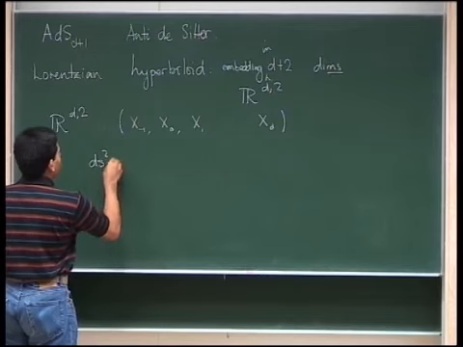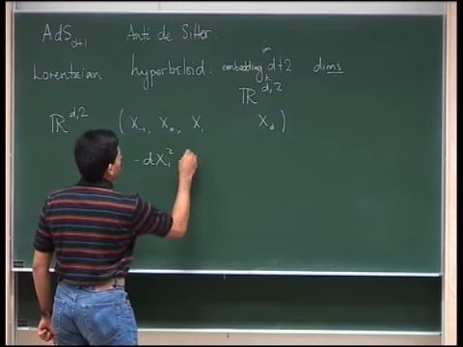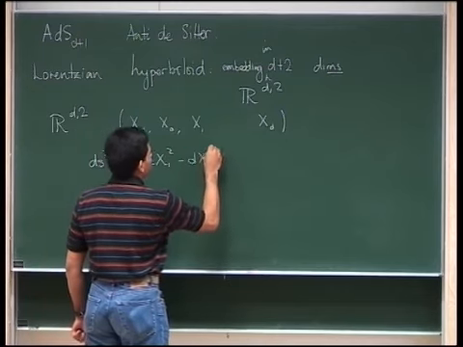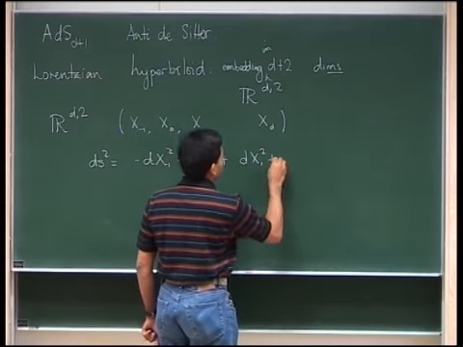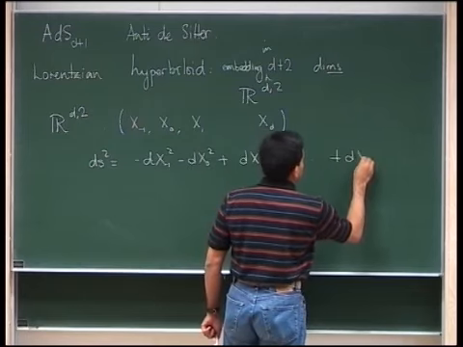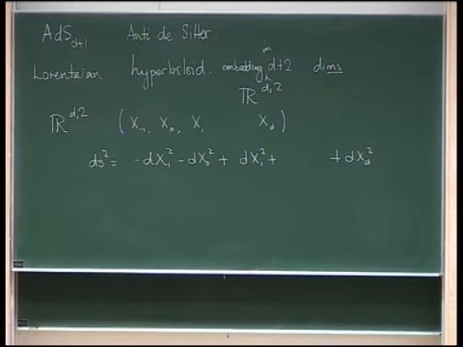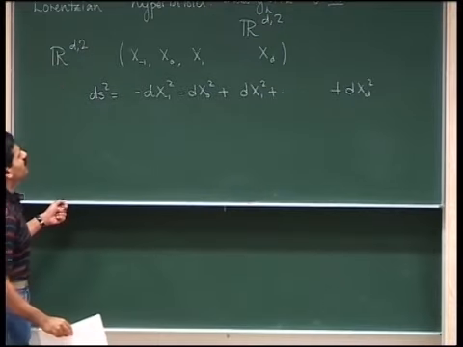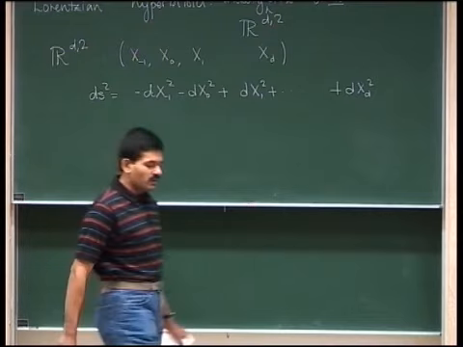And this has the standard flat metric, except as I just said, there's some strange sign conventions here. 2 of these directions have negative signature. Okay. So this is the parent geometry.